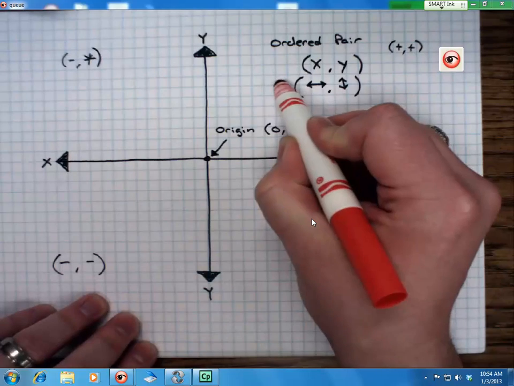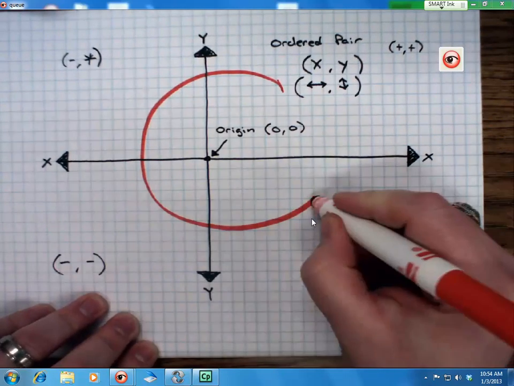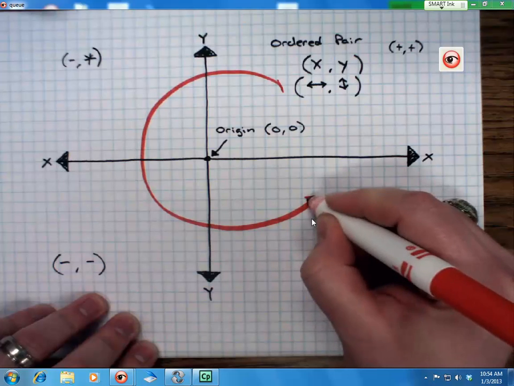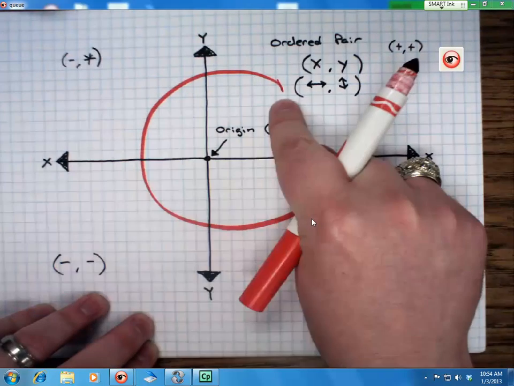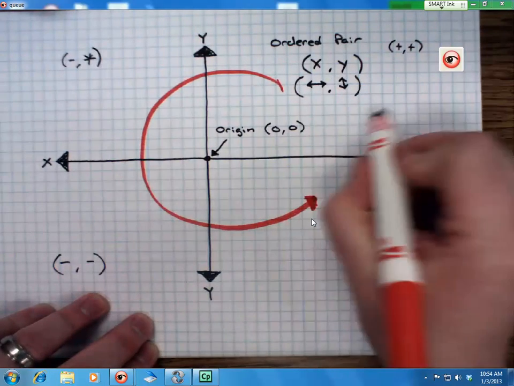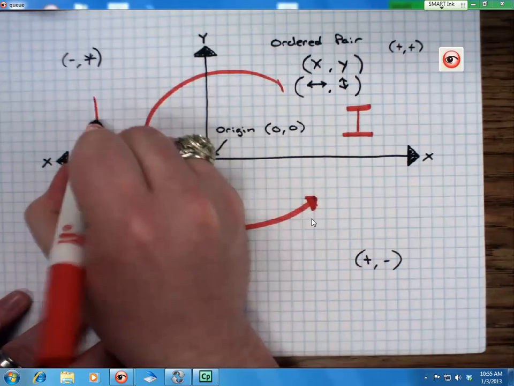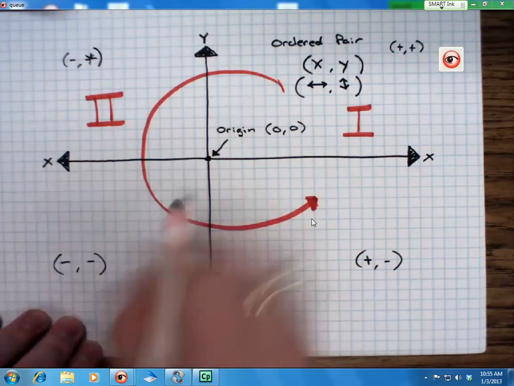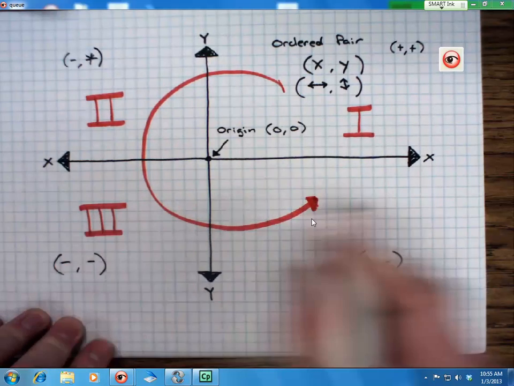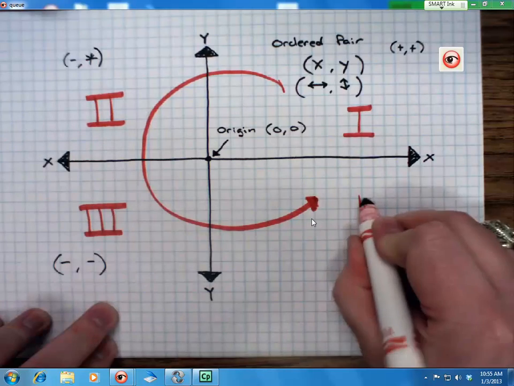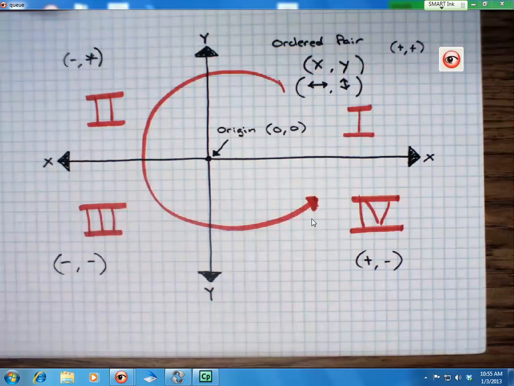So, if I draw a C on my coordinate plane, this is going to tell us where our first quadrant is. This is our quadrant number 1. Our second quadrant is right here. This is quadrant number 2. Our third quadrant is right here. So this is quadrant number 3. And finally, our fourth quadrant is right here. Okay? Those are our quadrants.